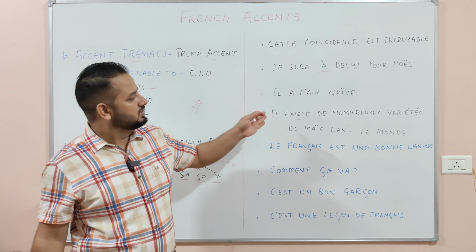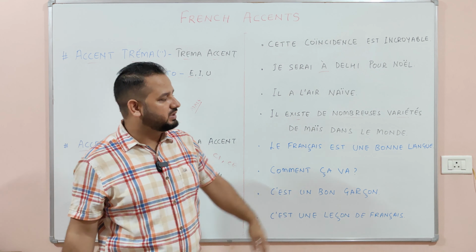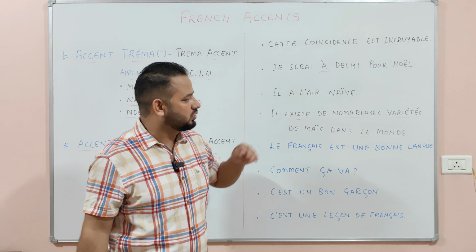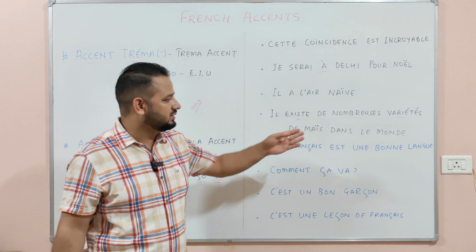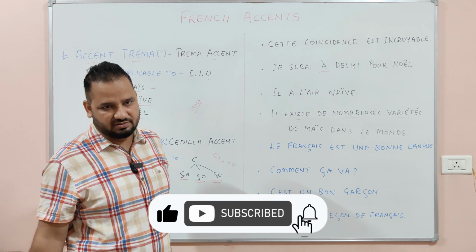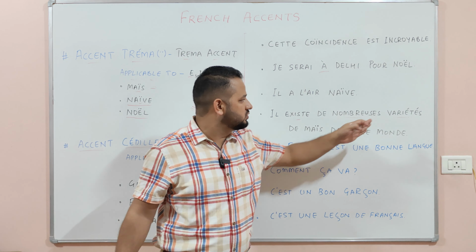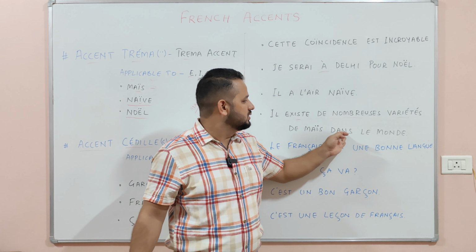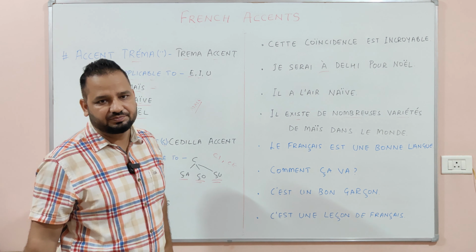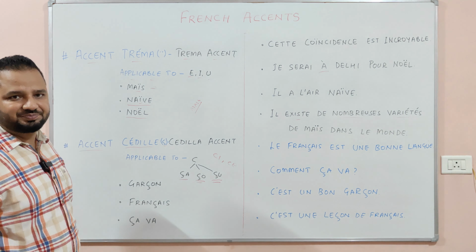Right? Il existe de nombreuses variétés de maïs dans le monde. Right? I hope accent tréma is clear.